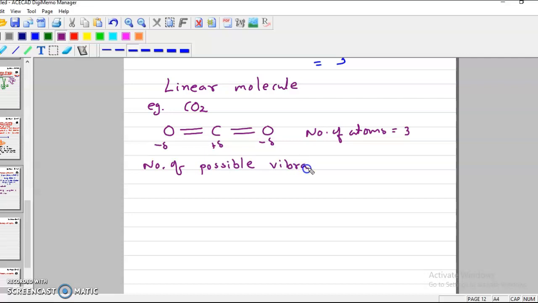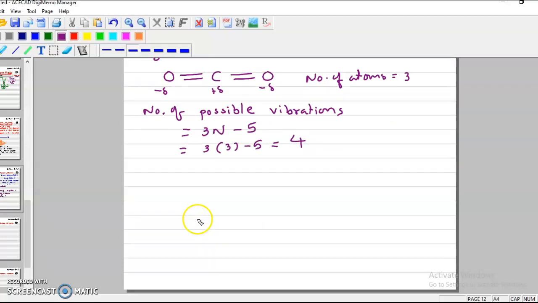Because one type of rotation will be neglected, which is on its own axis. So the number of possible vibrations is given by the formula 3n minus 5, and here n equals 3, so 3 into 3 minus 5 equals 4. So in carbon dioxide, we will observe 4 types of vibrations.